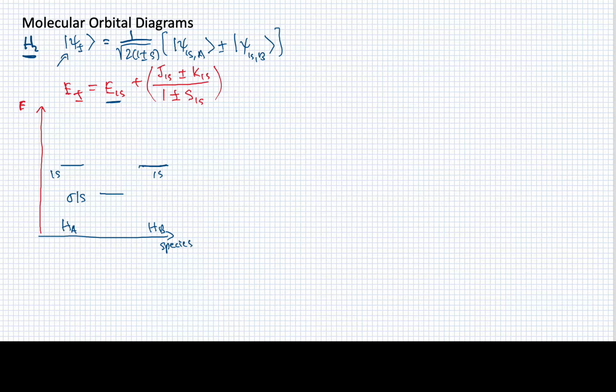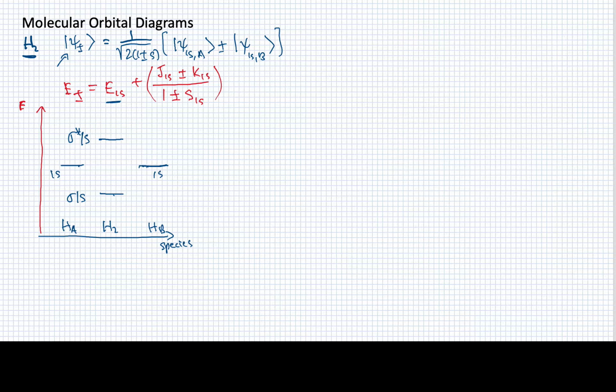And I'm also going to create a combination with the minus sign of a higher energy orbital that I'll label sigma star 1s. So when my species is the molecule, instead of the two atomic orbitals, I'm going to have two molecular orbitals.